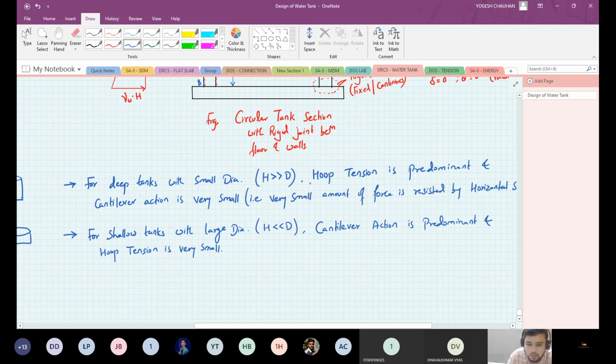Here we mean to say that for the earlier case, the resistance due to hoop tension is predominant and resistance due to cantilever action is very small.